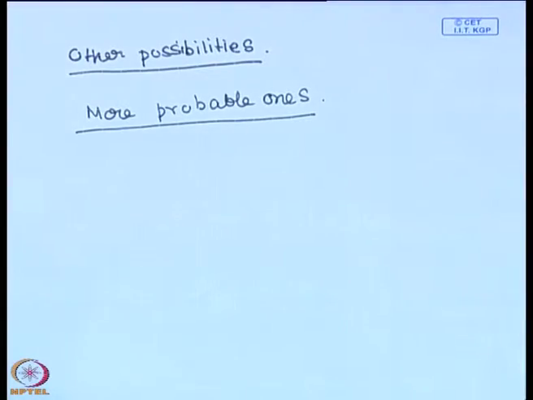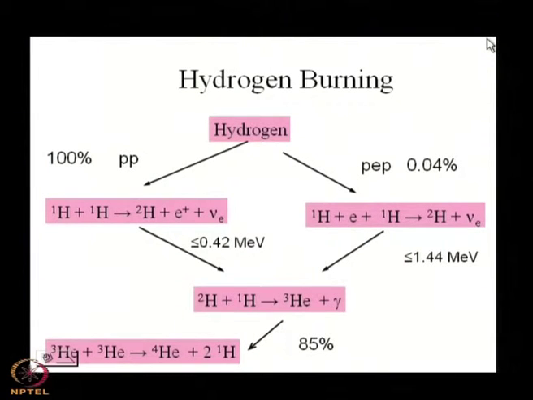Okay. So, let me now show you. Right at the beginning you want to produce this helium 3. There is another pathway by which you can produce helium 3, and this pathway is shown over here. This is called the PEP chain.